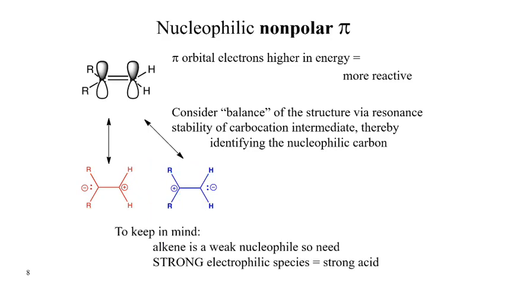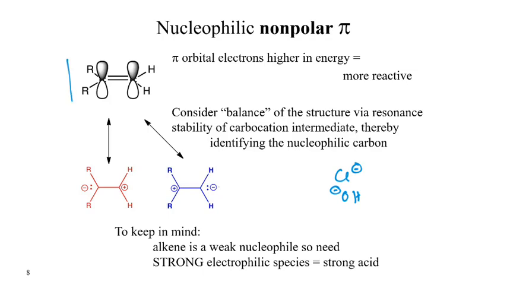Okay. So to keep in mind, while we may be showing this formal negative charge, the alkene is still a weak nucleophile. Okay, I know when we looked at the previous chapter, we were like chloride, negative, strong nucleophile, hydroxide, negative, strong nucleophile. So we see a negative, it's strong. We're like, there's a negative right here. There's a negative in the resonance structure, which means it's not a strong nucleophile.